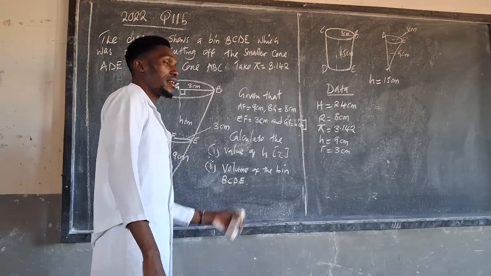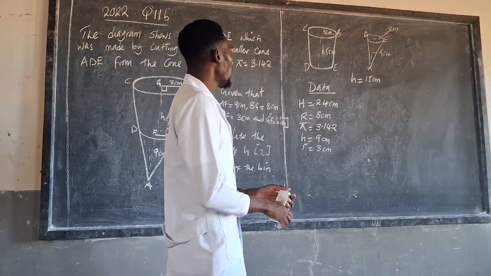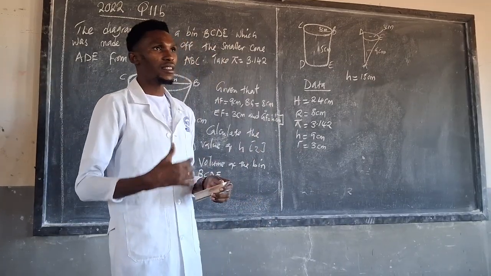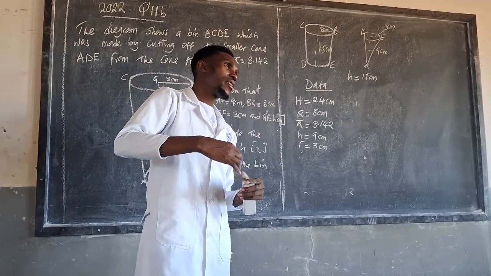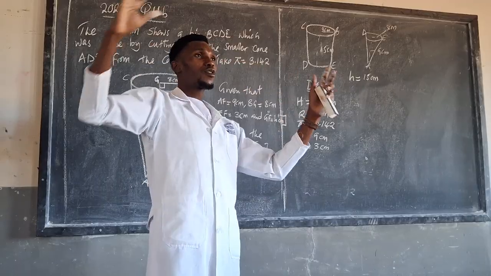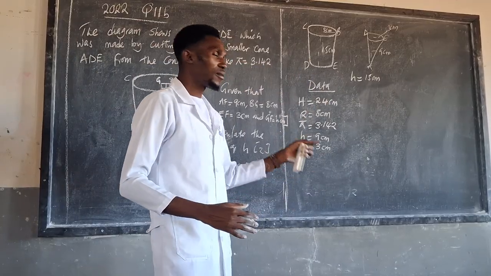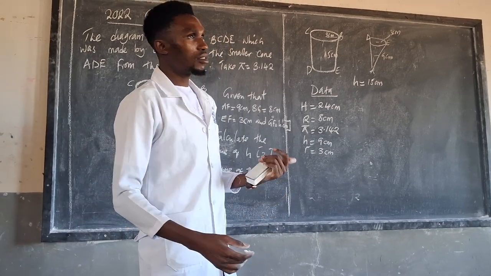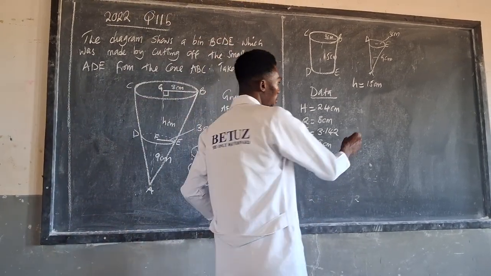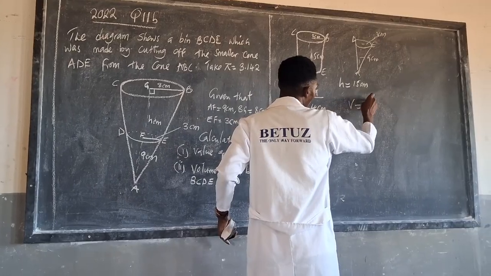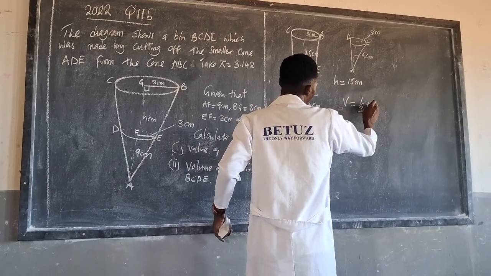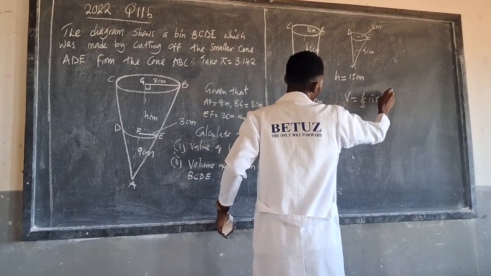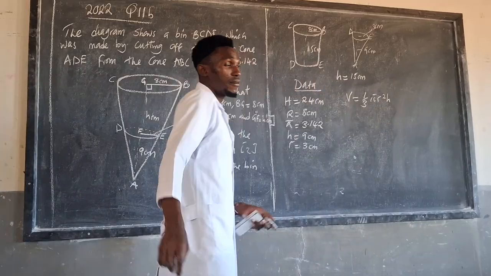Then now we can find the volume of the beam. For us to find the volume of the beam, we say volume of the bigger cone minus the volume of the smaller cone. So how do we find the volume of the cone? The volume of the cone is given by 1/3 pi r squared h. That is the formula we use.